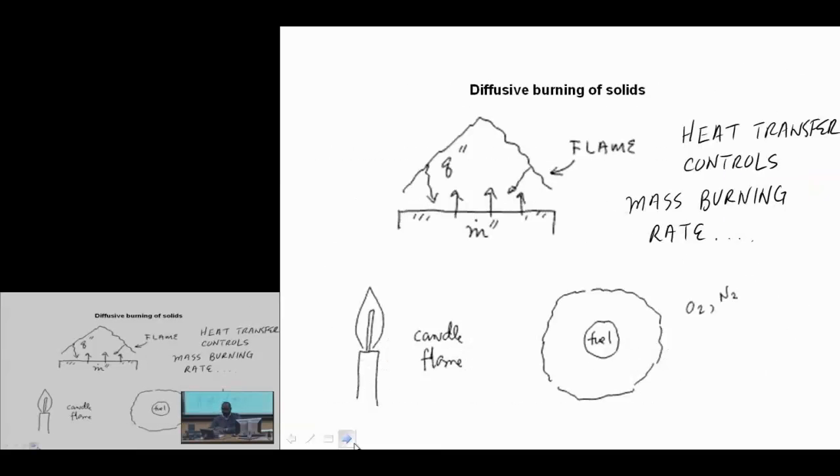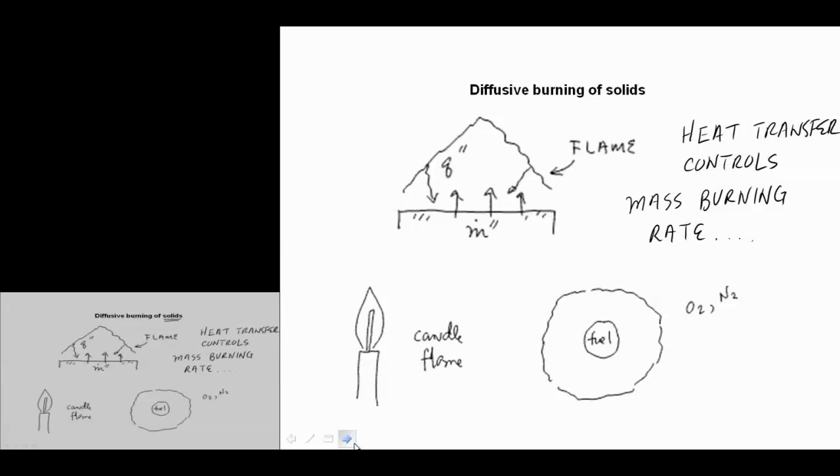Okay, so the thing that I want to convey and make sure that it becomes clear is that for all these problems that we're talking about in terms of diffusive burning of solids, and this is the key in solids, the heat transfer controls the mass burning rate. And so here's, again, a simple rendition of that.